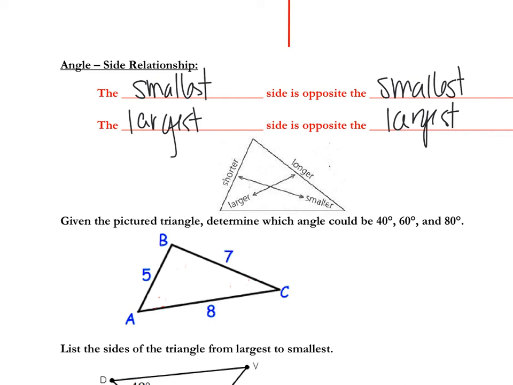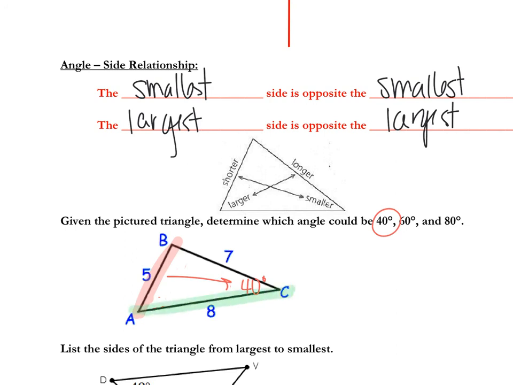Okay, so if we look at this diagram, the second one, notice that this is going to be the smallest side. So across from it is going to be the smallest angle. Well, looking at our numbers, the smallest is 40 degrees. Okay. Then the biggest side length is 8.